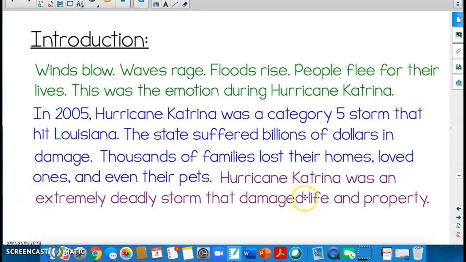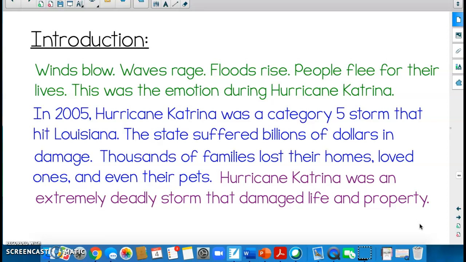Because my whole paper is going to be about how bad this storm was and how it affected people and the city. So I've hooked my reader. I've given them 3 sentences, letting them know what each of my 3 paragraphs are going to be about. And I've stated the main idea of my whole paper, or my thesis.